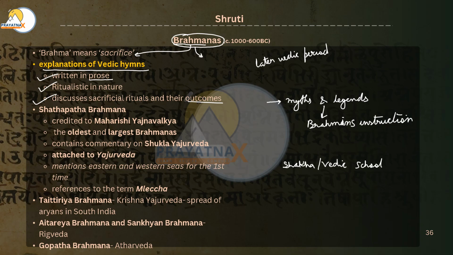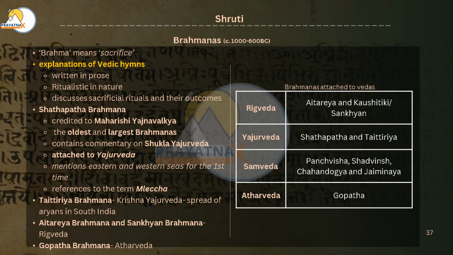For instance, the Kaushitiki and Aitareya are the Brahmana books of the Rigveda. So, Rigveda is associated to Aitareya and Kaushitiki Brahmanas. It was composed by Hotri priests.